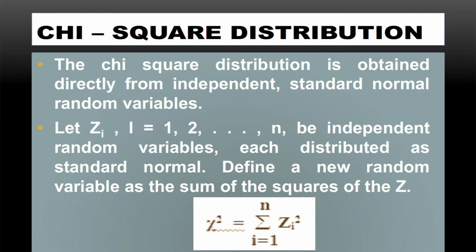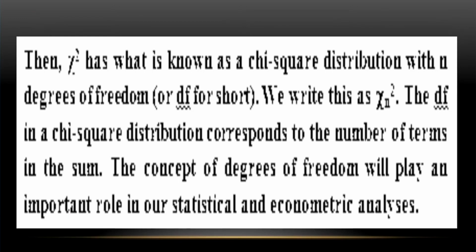Let me define chi-square. This is a Greek symbol used to represent the chi-square distribution. Chi-square is equal to the sum, i varies from 1 to n, of z squared. Chi-square has what is known as a chi-square distribution with n degrees of freedom, or df for short.